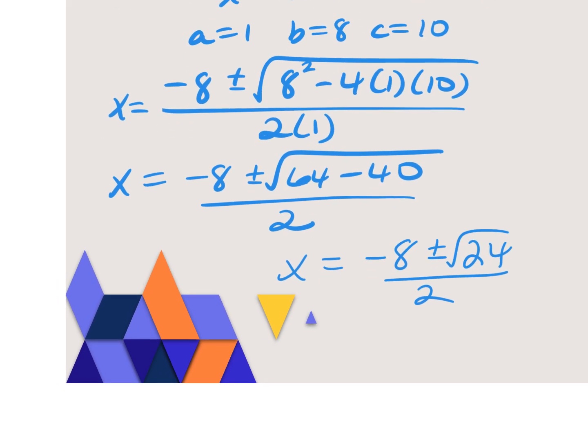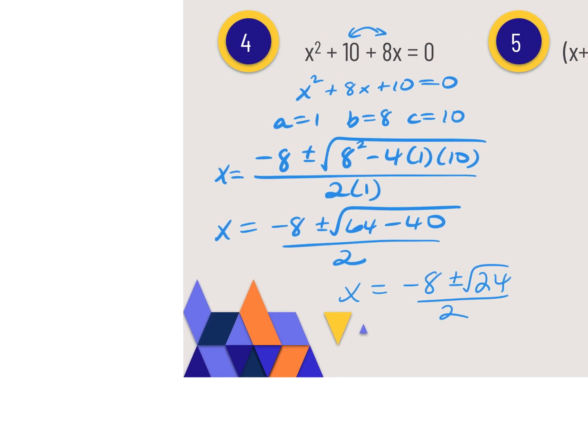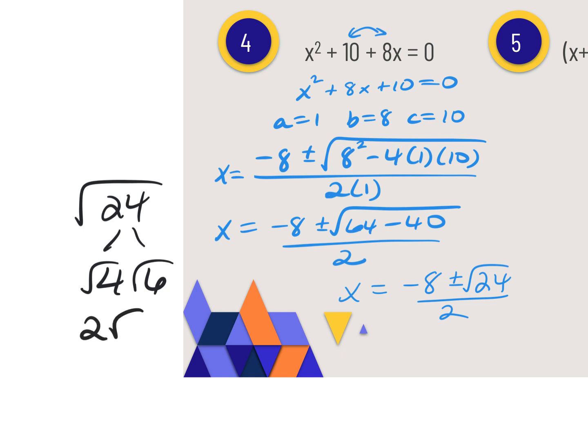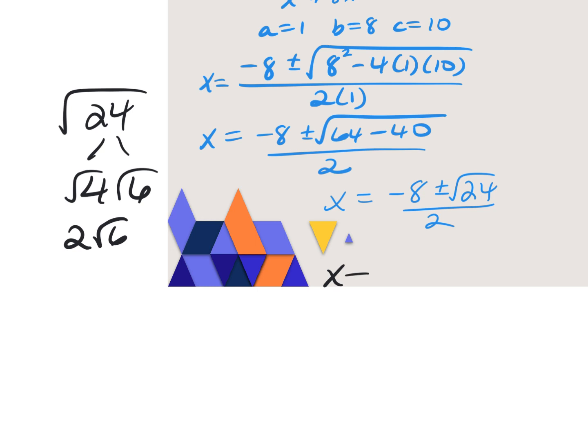So here, I can break down the 24. Do a factor tree here over to the side. When I break down the 24, I can break it into 2 and 12, 3 and 8. I'm going to do 4 and 6. And then it turns into 2 radical 6. Now that the radical is simplified, I have negative 8 plus or minus 2 square root 6 over 2.